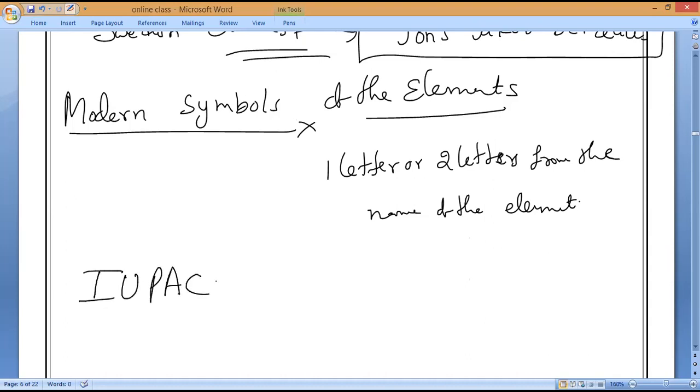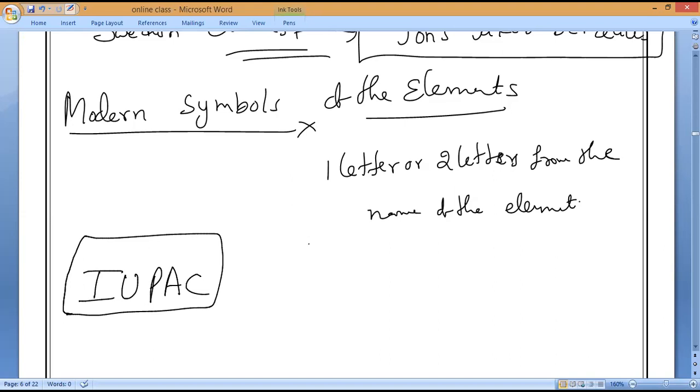This is the international organization which suggests the names for all the elements, all the compounds, whatever it is in chemistry. Whether you are discovering, inventing or manufacturing, the names of the elements, compounds and molecules will all be suggested by IUPAC. So IUPAC gives the modern symbols of the elements as well as compounds, everything.